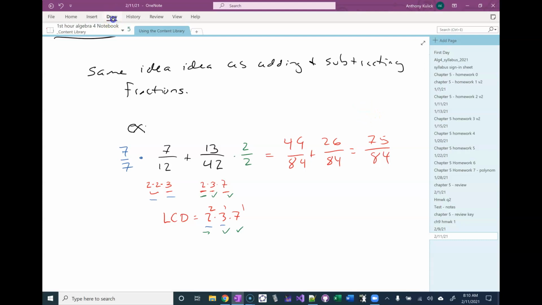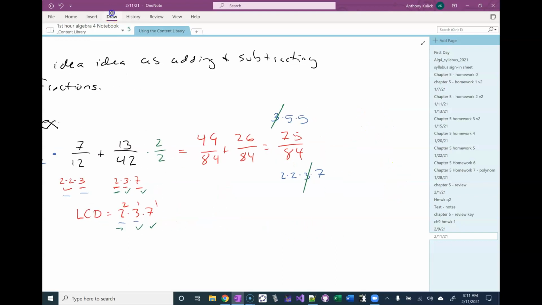So let's do that. 75 is 3 times 5 times 5. 84 we know is 2 times 2 times 7. So there should be a 3 we can reduce out of that, leaving me with 5 times 5 on top and 2 times 2 times 7 on bottom.